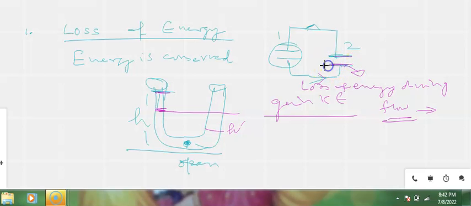The kinetic energy is nothing but the temperature, so we can say it gets heated up. The capacitor plates will get heated up, because we know that the temperature and the molecular speed, or electron speed, are related. So that is how the energy is lost.